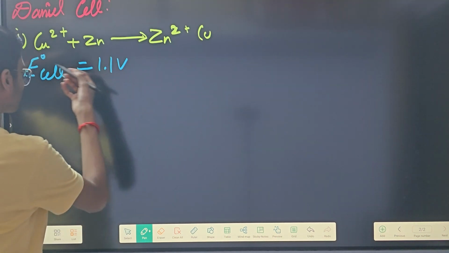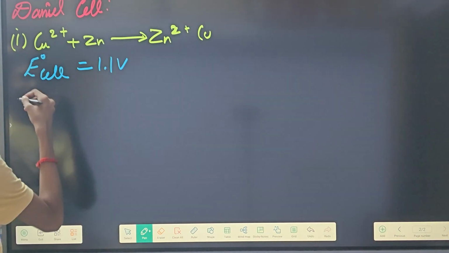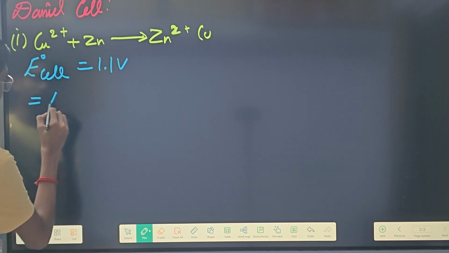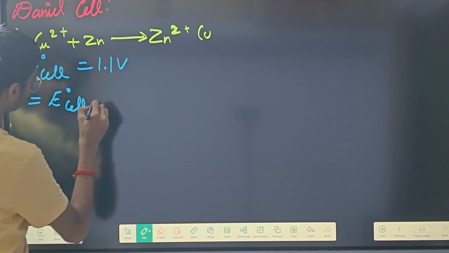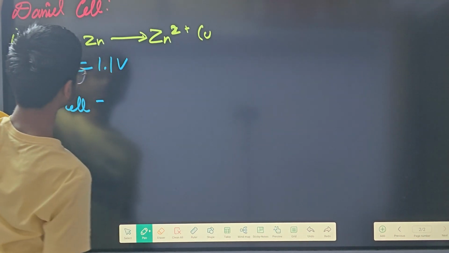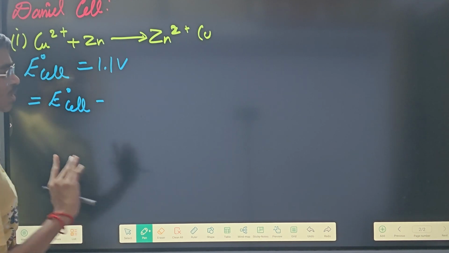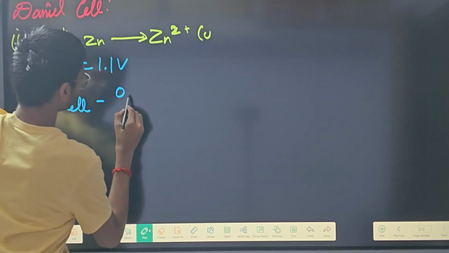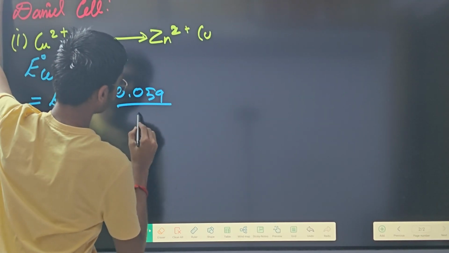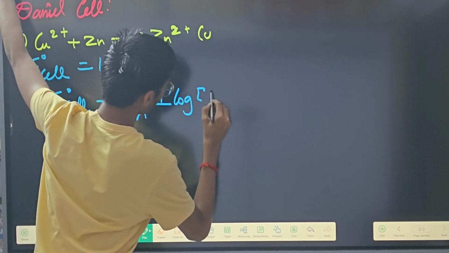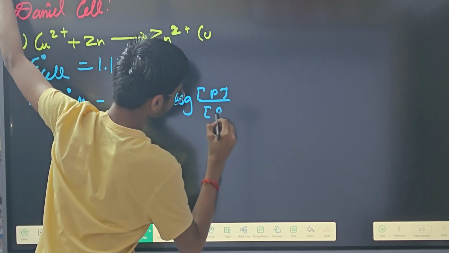After that, E cell is equal to E naught cell minus 0.059 divided by n into log of products divided by reactants.